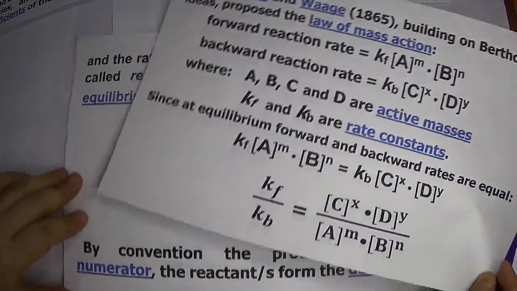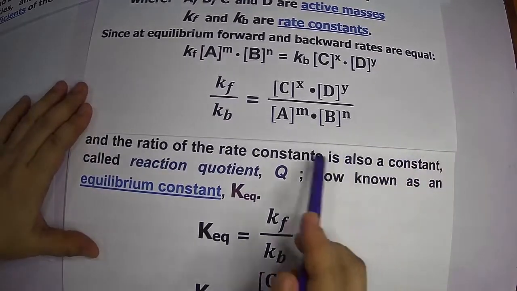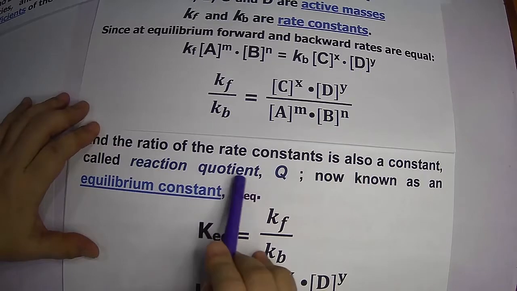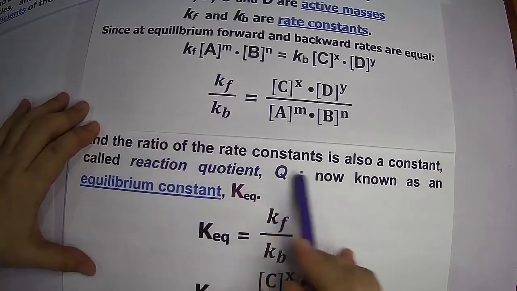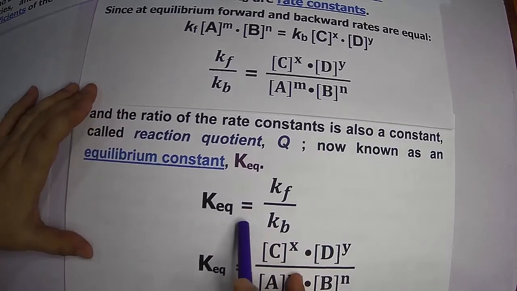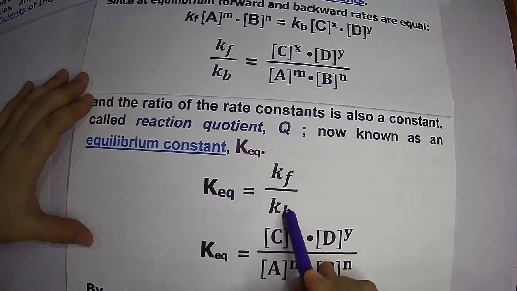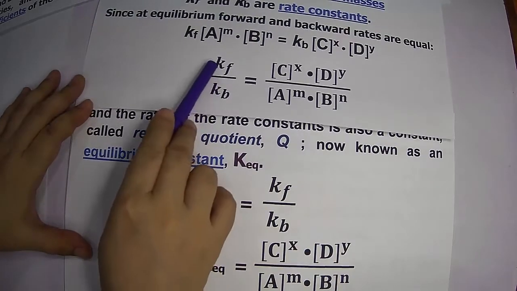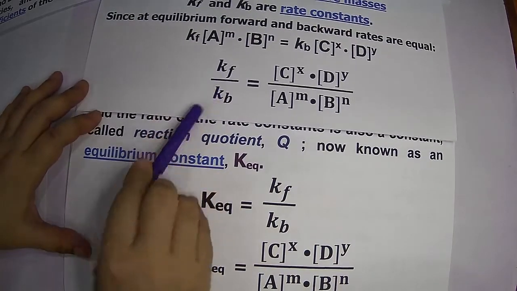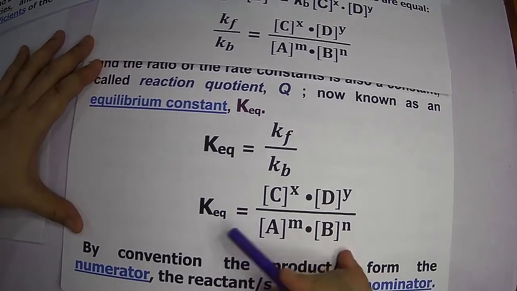So the ratio of the rate constants is also called the reaction quotient Q, now known as the equilibrium coefficient or constant. The equilibrium constant Keq, which is the ratio of the constant Kf over Kb, can be replaced by the expression Keq.